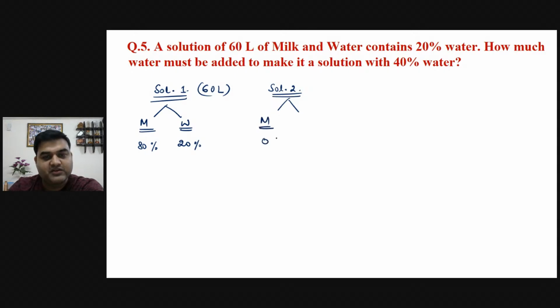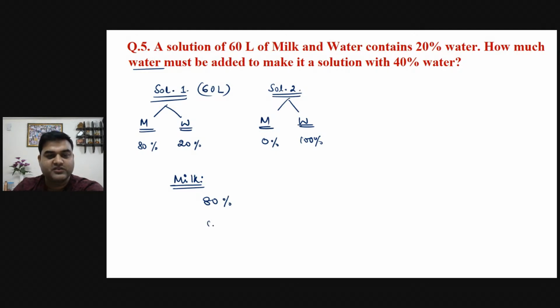So what will be the milk? 0%. And what will be the water? 100%. Why? Because it is complete water, right? It must be added to make a solution with 40% water. So how can we do it? Considering a solution with 40% water, anyone you can take, so considering milk here, solution 1 has 80% of milk.